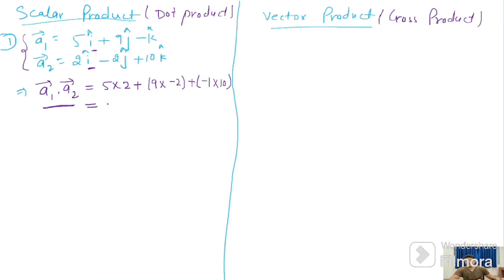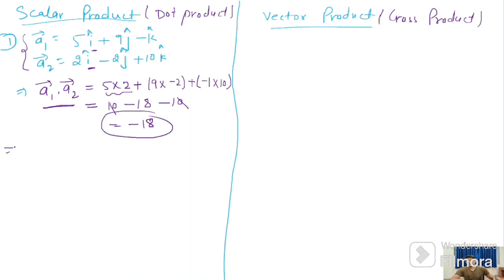So it will be 10 minus 18 minus 10. The minus will cancel out and we will get minus 18. This will be the scalar product.